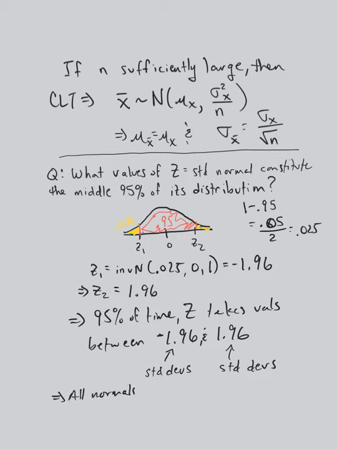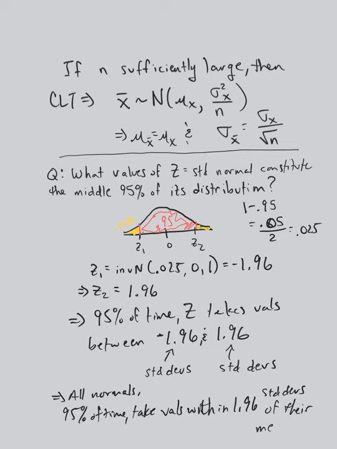So all normals, 95% of the time, they take values within 1.96 standard deviations of their mean. That ends up being a very important property.